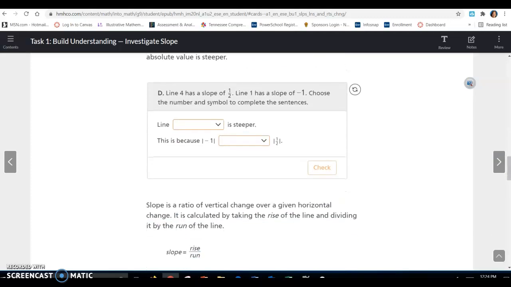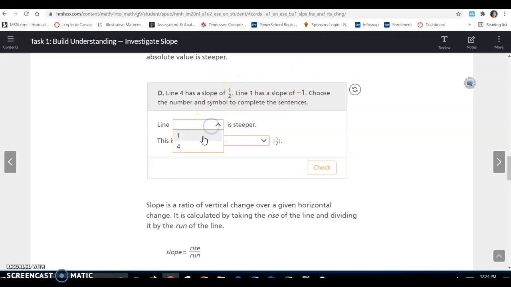All right, it says line 4 has a slope of 1/2, and line 1 has a slope of -1. Choose the number and symbol to complete the sentences. Line blank is steeper. So if this is rise 1, run 2, and this one's rise -1, run 1, that means the steeper line is going to be this one because it's going to be 1/1, where this one's going to be more gradual.